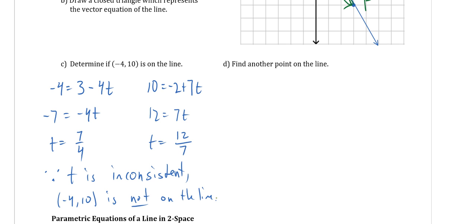So can we find a point that is on the line? We can just say, I don't know, t equals -1, pi, 10, whatever you want.